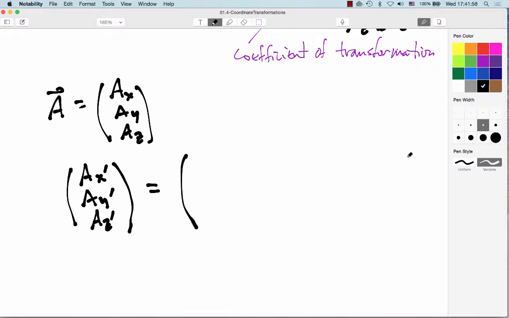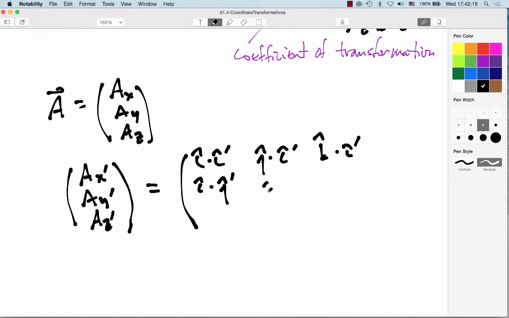I'll be putting over here a vector in the unprimed system, and then you should be able to convince yourself that I will need i dot i prime here, j dot i prime, k dot i prime, and then this will be i dot j prime, j dot j prime, and k dot j prime.